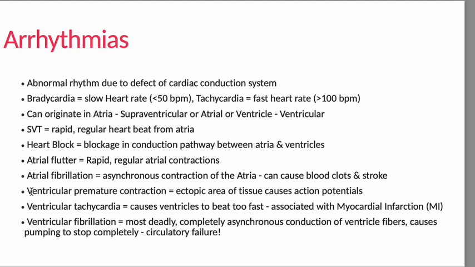Another common type of problem is what we call a PVC, a premature ventricular contraction or ventricular premature contraction. However it's worded, you'll see it both ways. This is where some issue or some area of tissue is going to cause the action potential to fire that is not the SA node. So this is bad. We only want the SA node to fire, right?